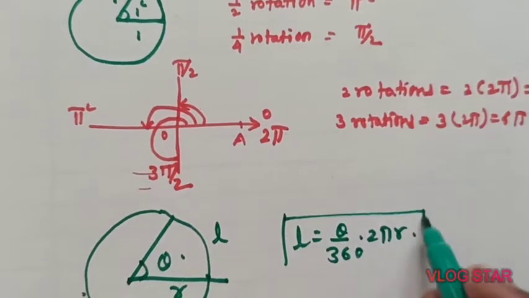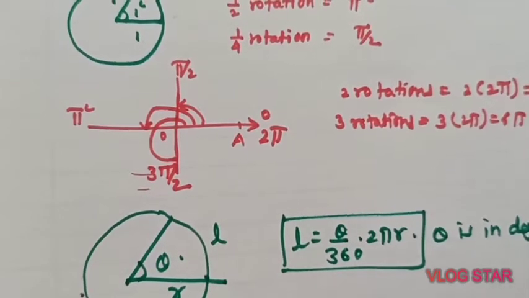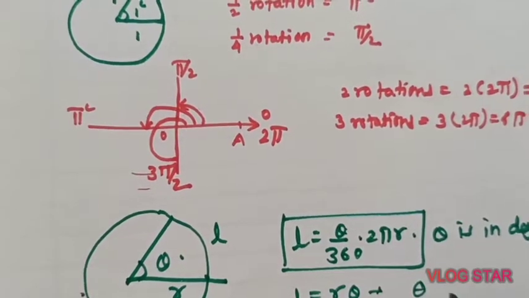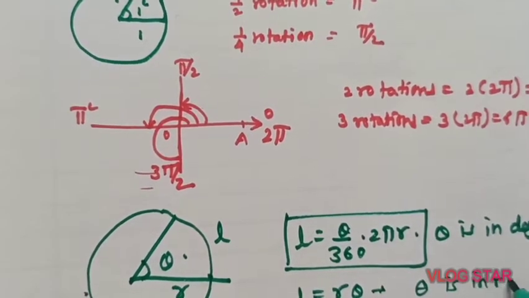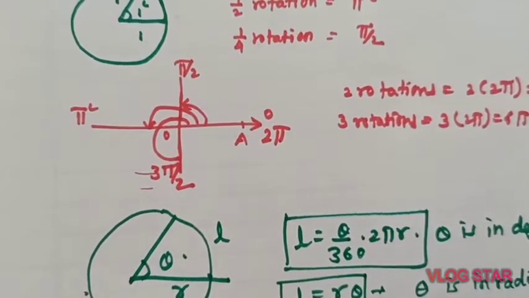This is the formula when theta is in degree. Another formula is simply r theta, where theta is in radian. So this is the formula for length of arc.